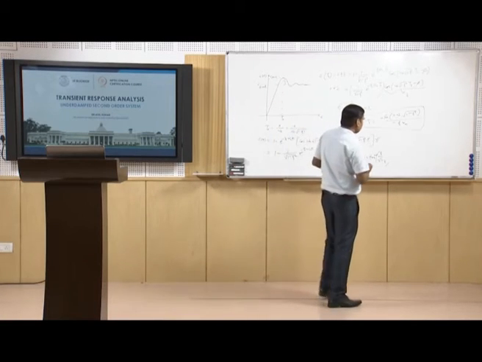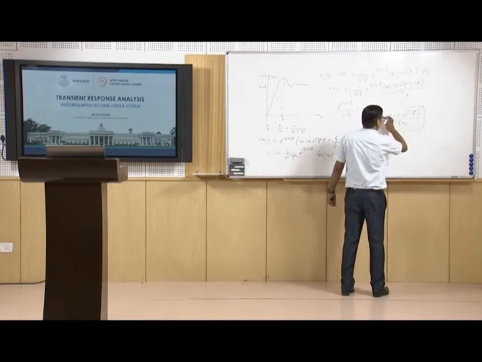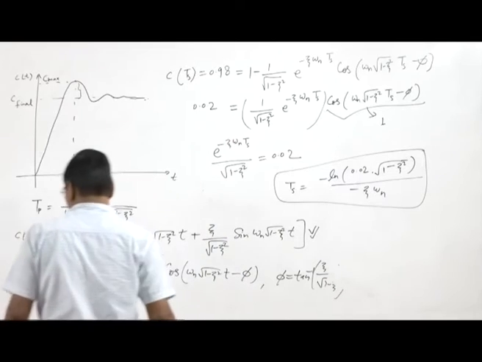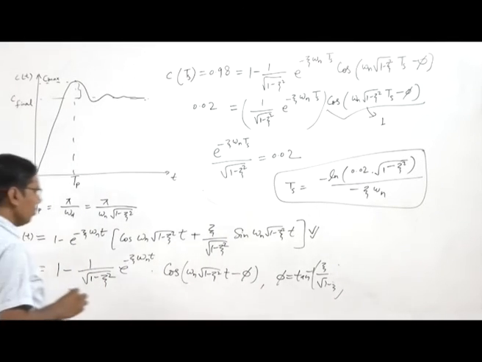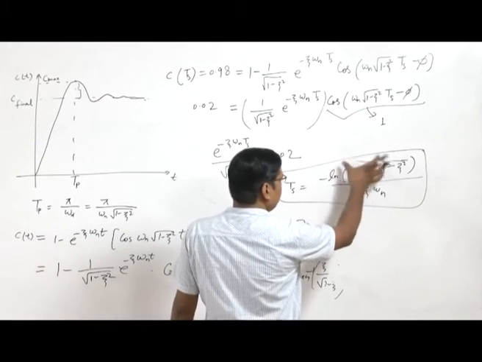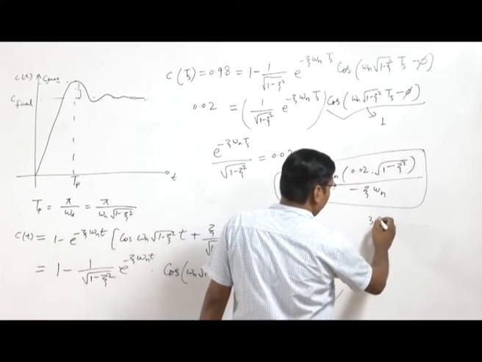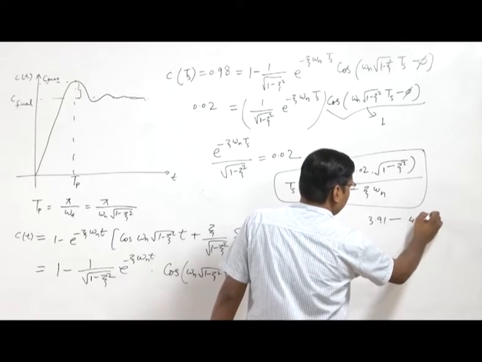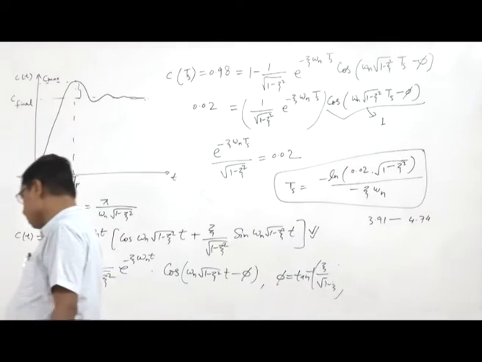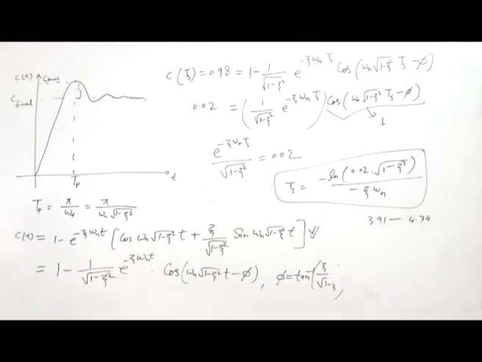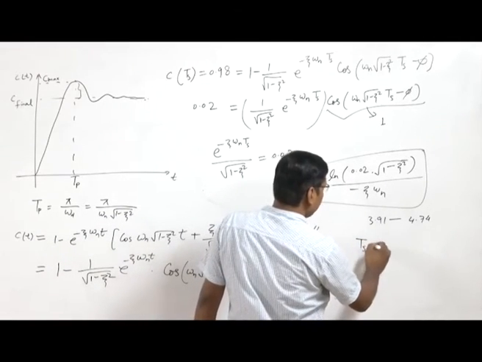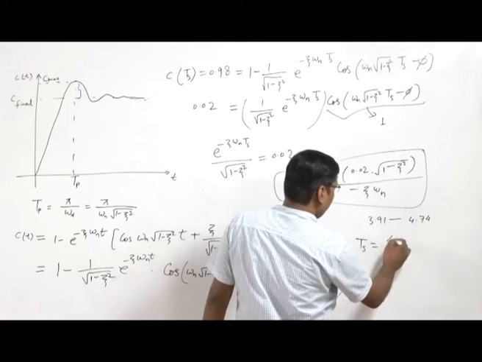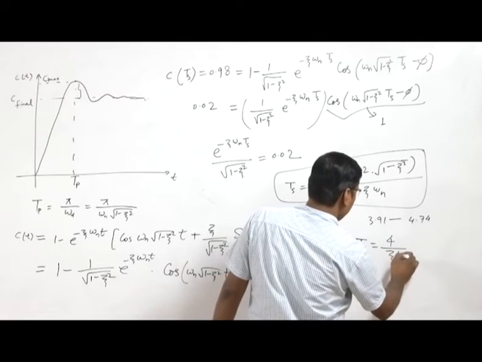For different values of damping zeta, when we vary zeta from 0 to 0.9, the numerator term varies from 3.91 to 4.74, and therefore as an approximate value we can take 4 upon zeta omega n.